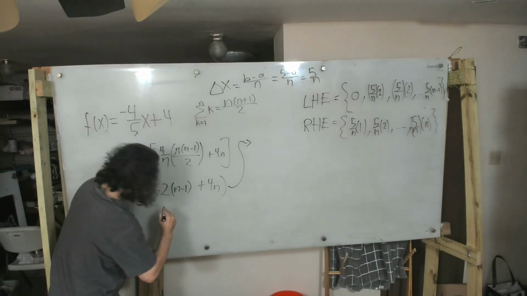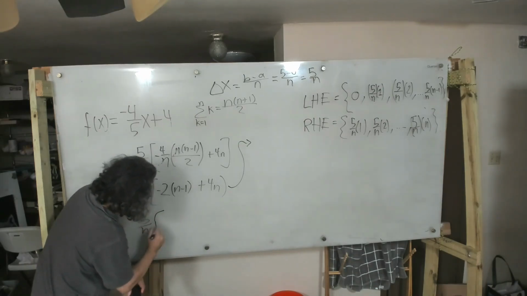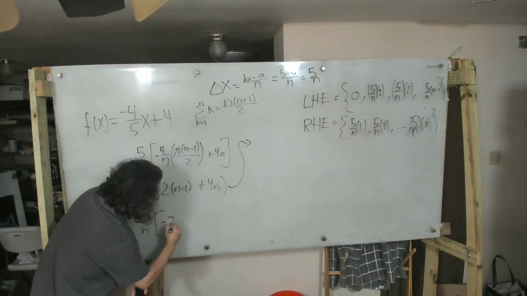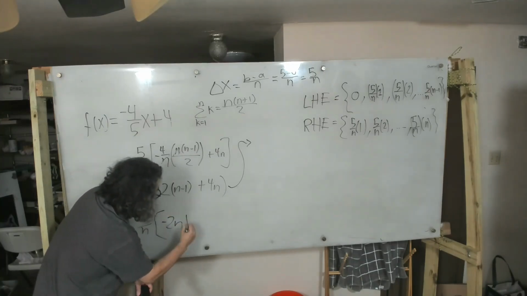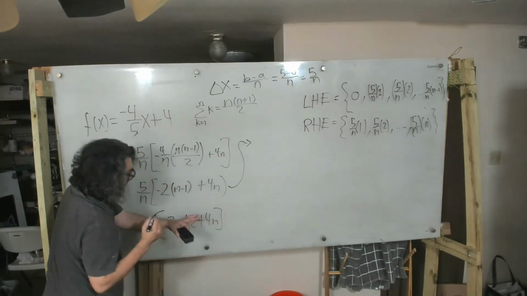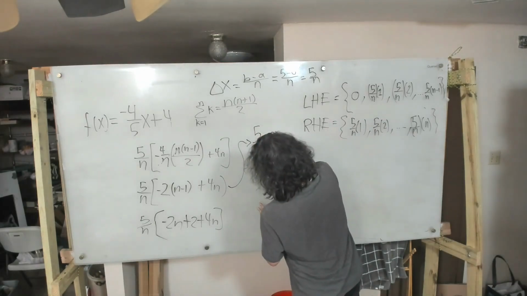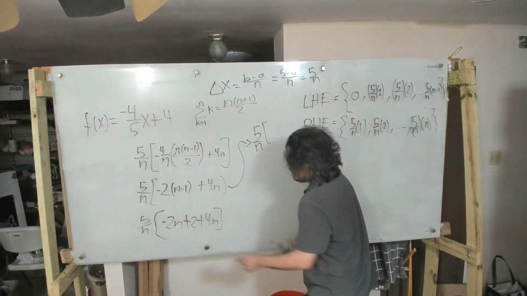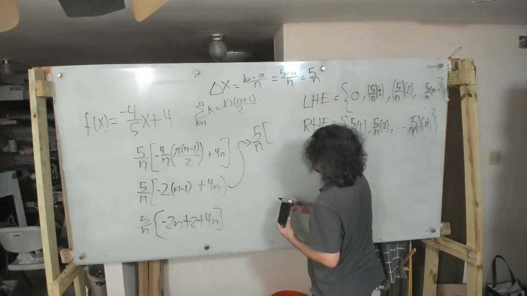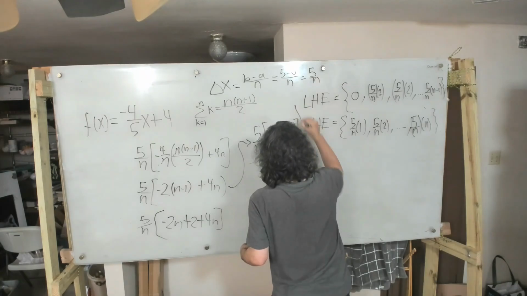Now look at this. Let me write that down here. 5 over n, negative 2n, plus 2, plus 4n. So if you notice, this thing gives us 5 over n, negative 2n plus 4n is positive 2n, and then plus 2, right?